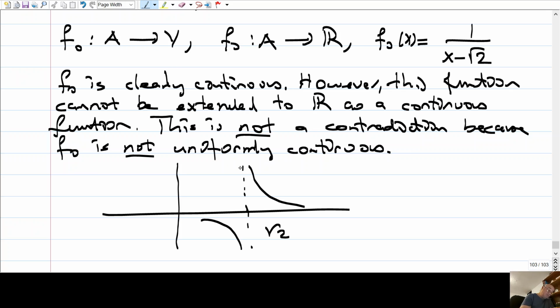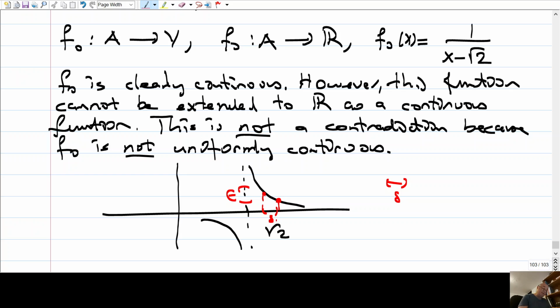Why is that? Whenever you take an epsilon like this, let's say 1 unit, and whenever I am given some delta, if I just move this delta interval closer and closer to root 2, then the distance between the y coordinates of these values will get bigger and bigger, and it will exceed my epsilon.